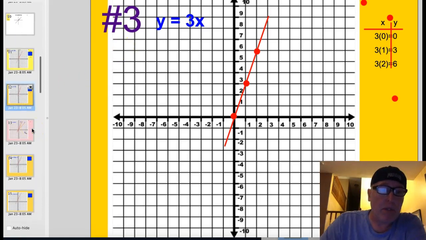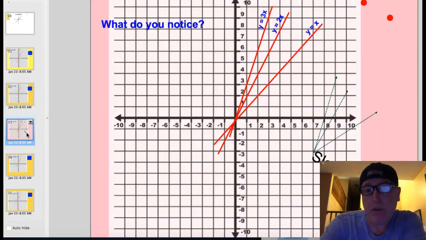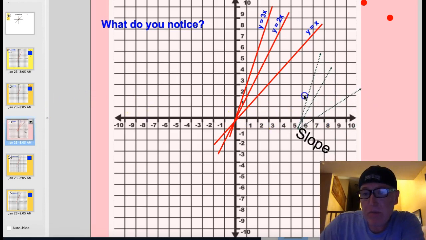Okay. Let's take a look at some observations here. Did you notice how the line kept getting steeper? Yeah. These values here, these are called the slope. This one here is just y is equal to x. This one's going to go right through at a perfect 45-degree angle. So this can be called the slope of 1.